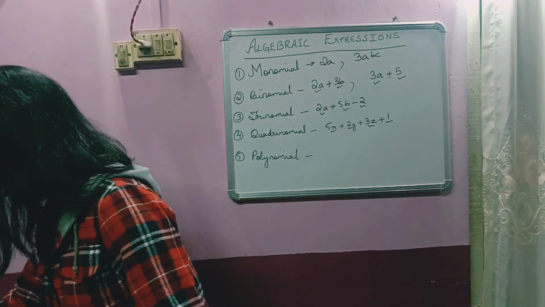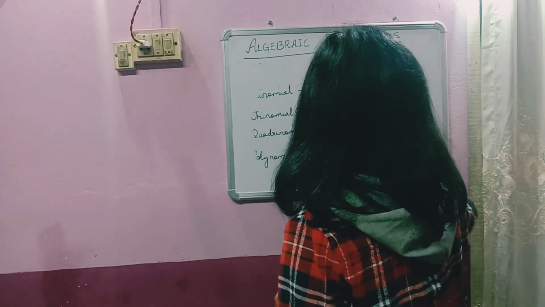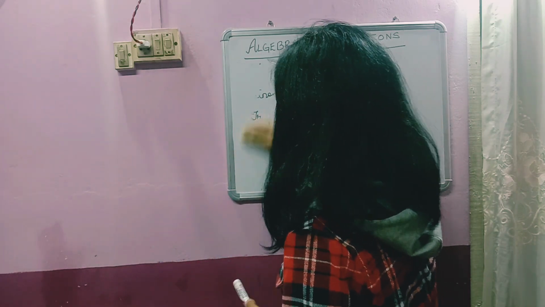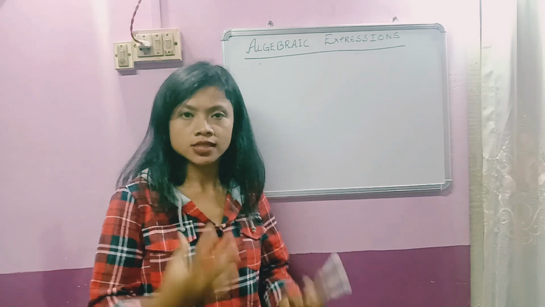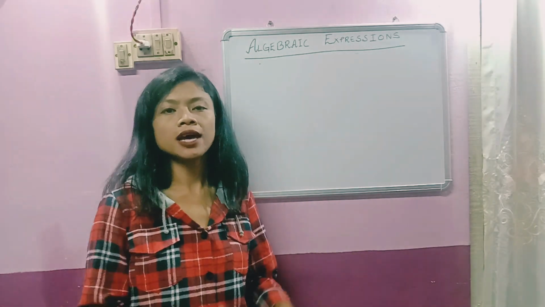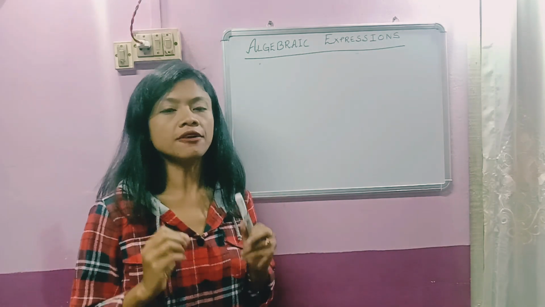Now next we have the factors. Now, what are the factors? Each of the quantities, whether constant or variable, that multiply together to give a term is called a factor.